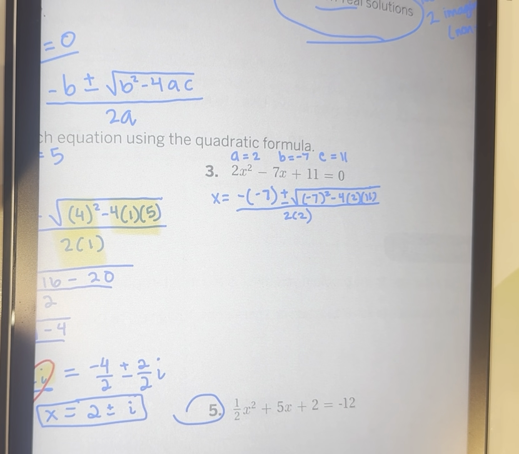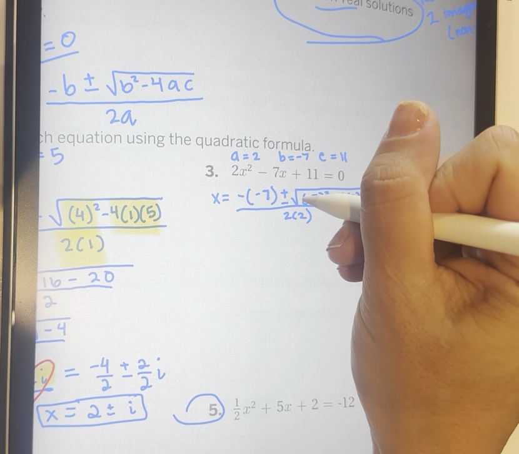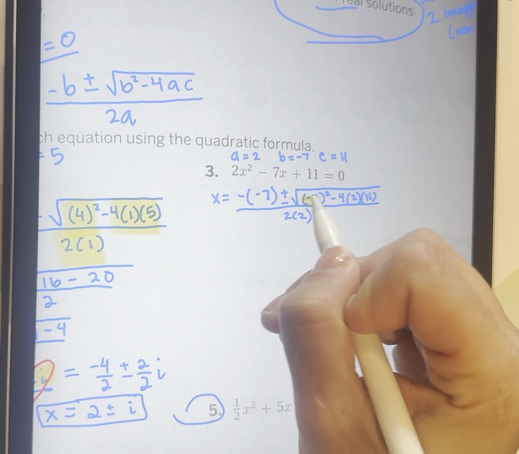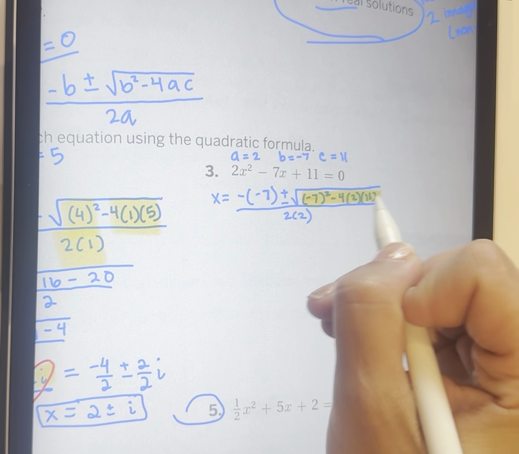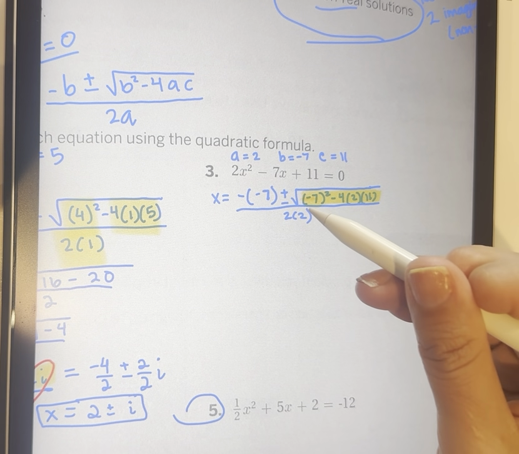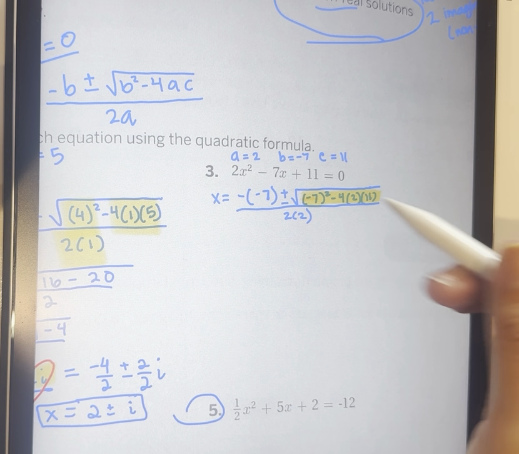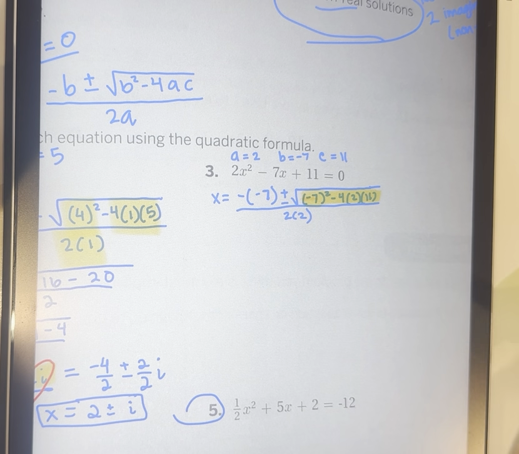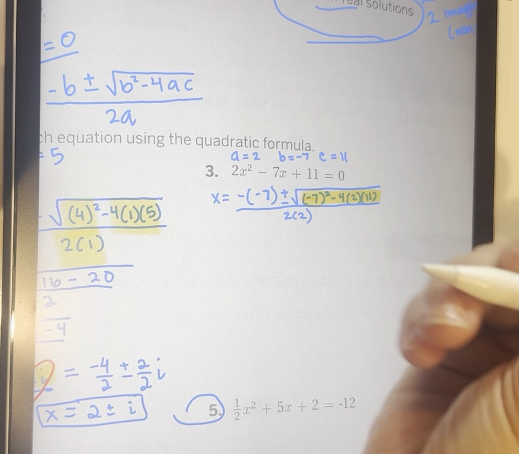So little calculator tip. If you type what's underneath this radical, don't put the radical, just what's under the radical, put it just like this with the parentheses and everything. Your calculator will simplify it for you using correct PEMDAS. Okay? All right.